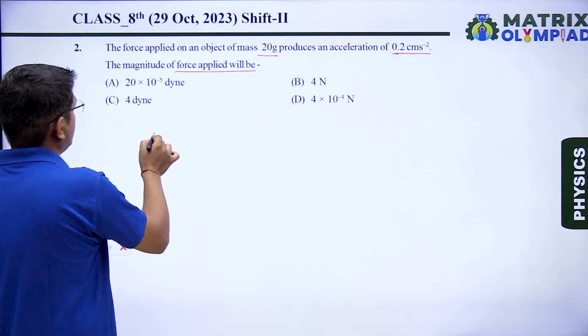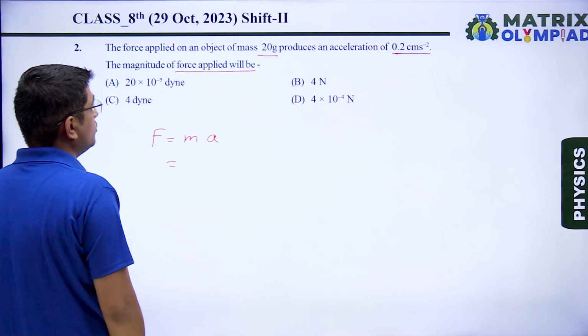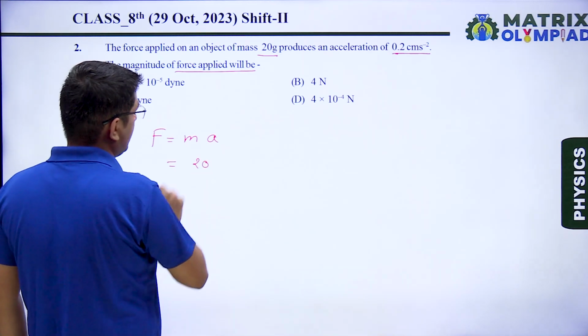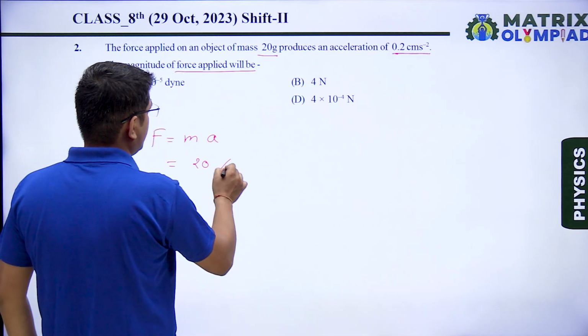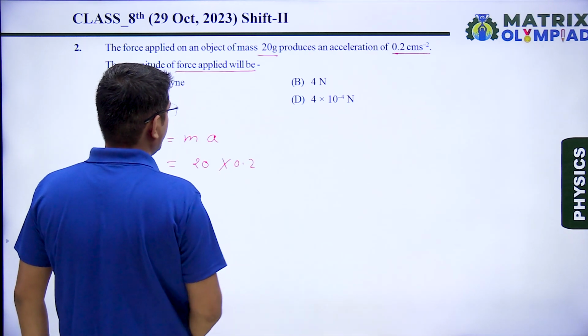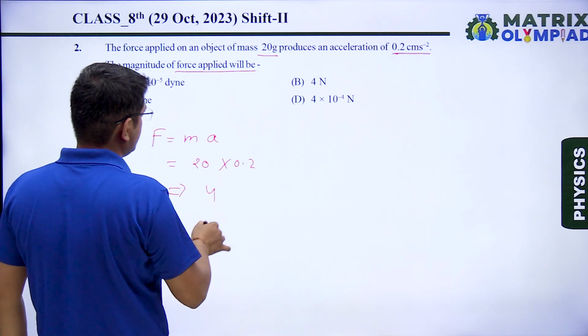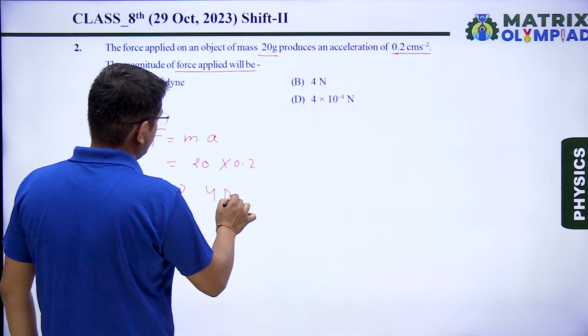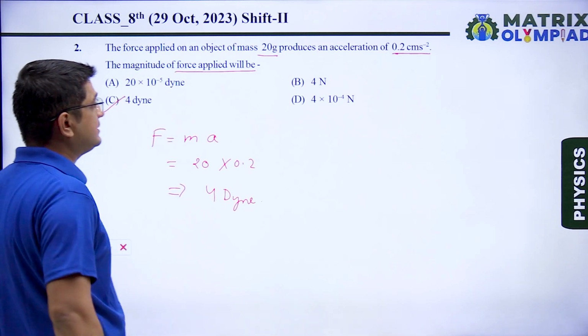We know that force is equal to mass into acceleration. The mass is given 20 gram, I am writing it in CGS system, multiplied by 0.2. From here the answer will become 4 and it is in CGS system, so the unit will be dyne. So our correct answer is option C.